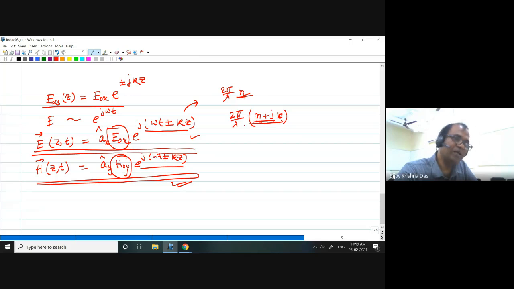So we can easily say that if a material medium has some kind of loss, scattering loss or absorption loss or whatever, that is due to the complex refractive index. Even if there is gain, the gain medium can also be represented by assuming the refractive index as complex.